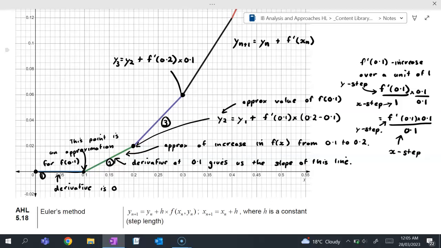Because if you think about it, on our third step the previous x value was 0.2, and on our second step it was 0.1. And then we multiply by h, which is a constant step value. So the step value won't change, and the increase in the x-coordinate going from one step to the next will always be the same.